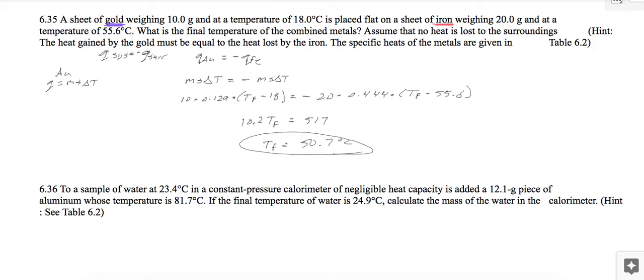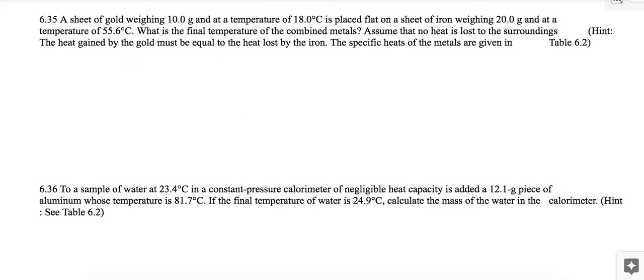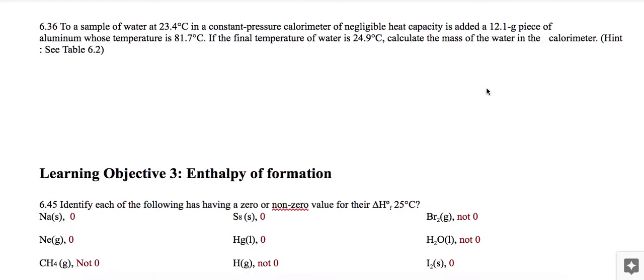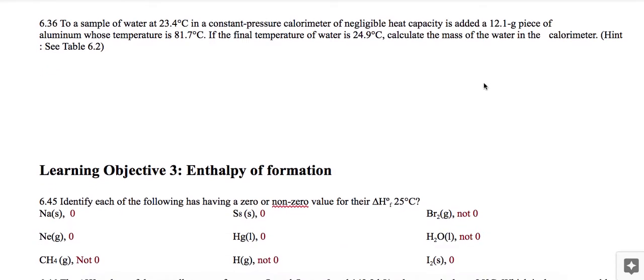All right, number 36. This is a very similar problem to 35. Only instead of using two different metals, we're taking that metal and putting it into water.